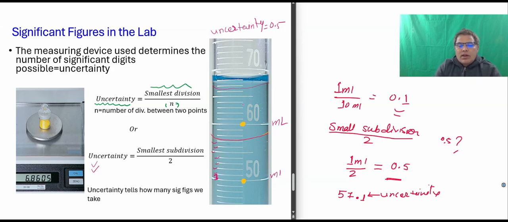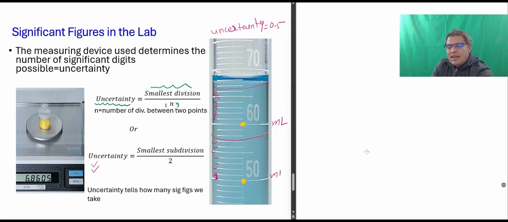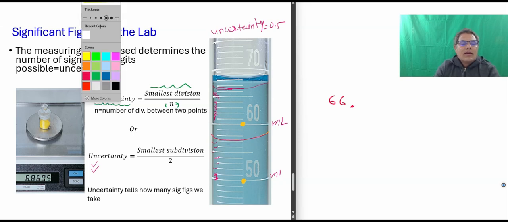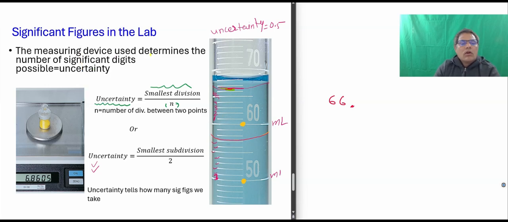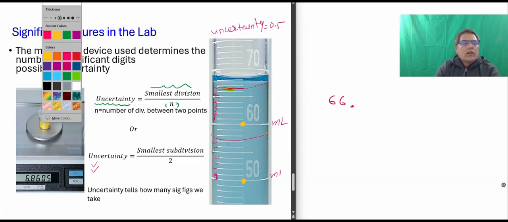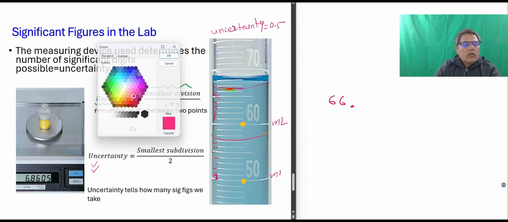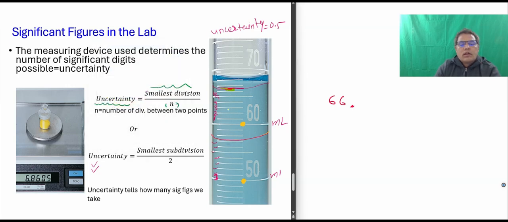For example, if you have this other value, then your uncertainty can be different. Now what is the 60? This is 60, 61, 62, 63, 64, 65, 66. Okay, 66 is guaranteed. The point is here. Let me highlight it.